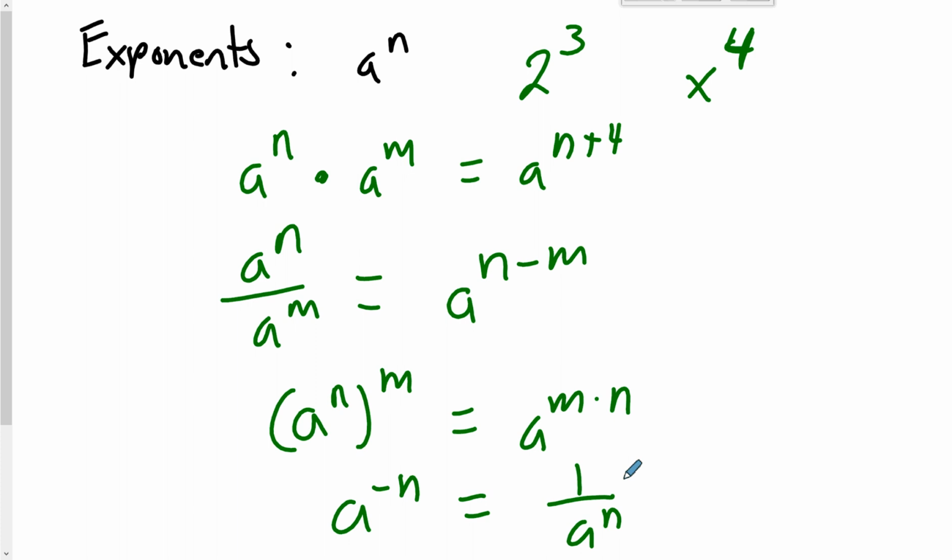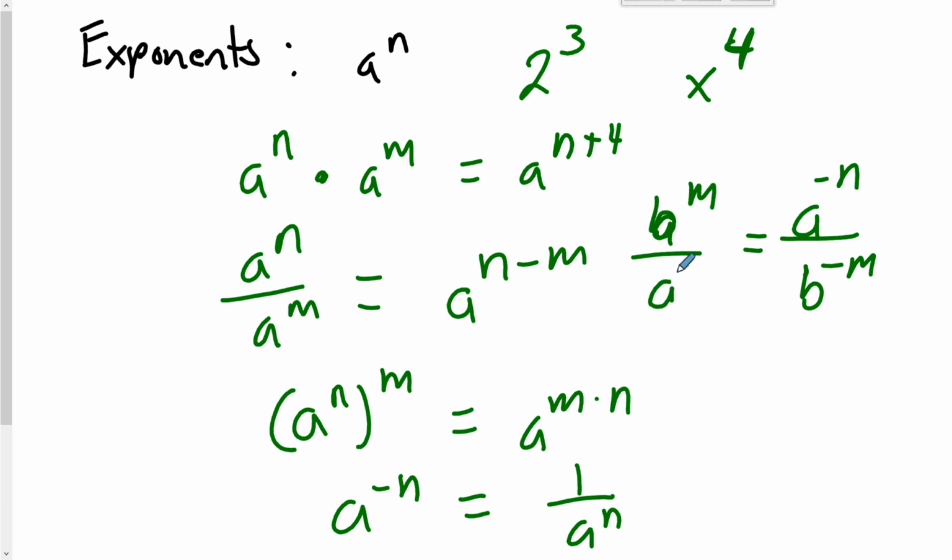So a to the negative n over b to the negative m is equal to b to the positive m over a to the positive n. You can switch negative exponents like that anytime you have multiple.